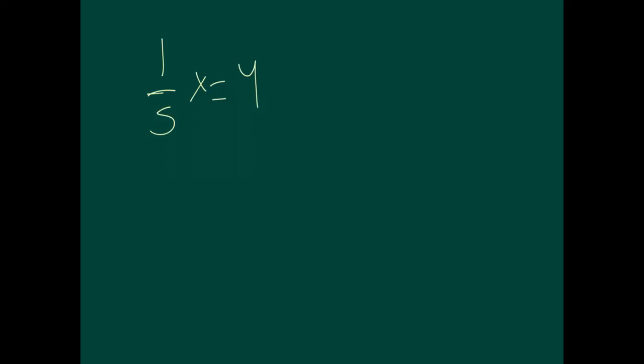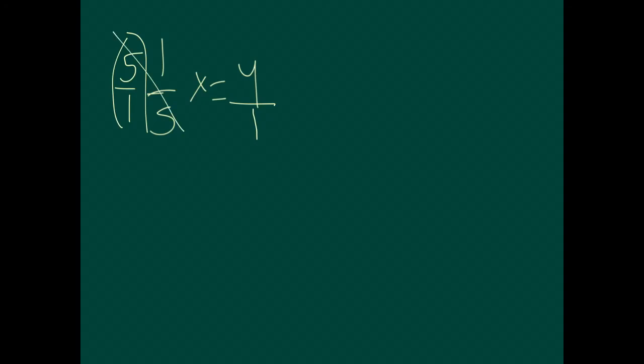Next you have 1/5 times x equals 4. First, you would have to turn 4 into a fraction. And then after that, you can do your problem. So then you would have to multiply by 5 over 1.